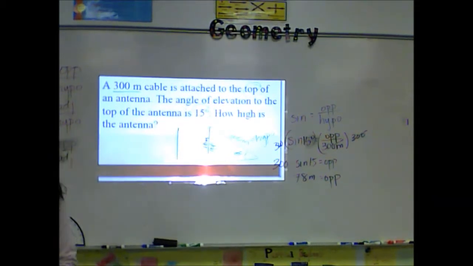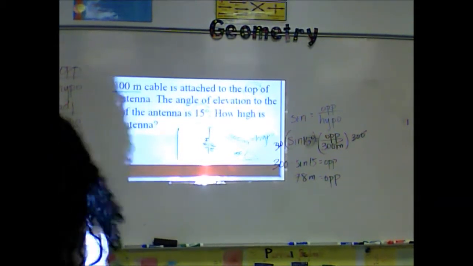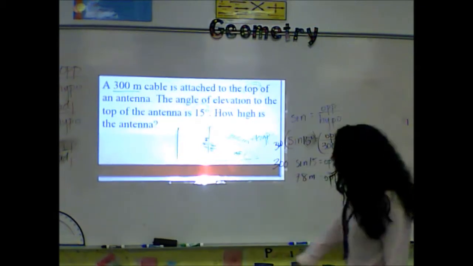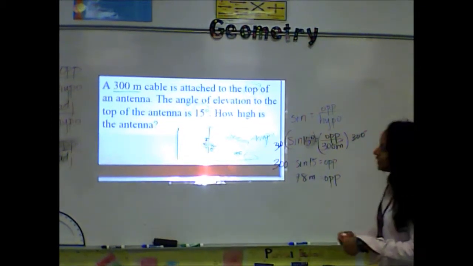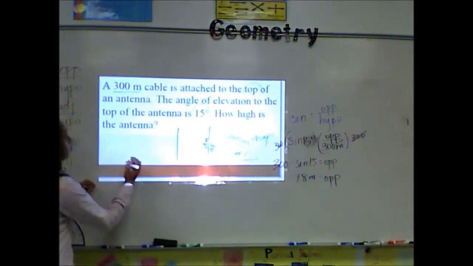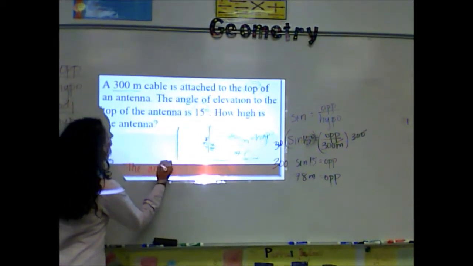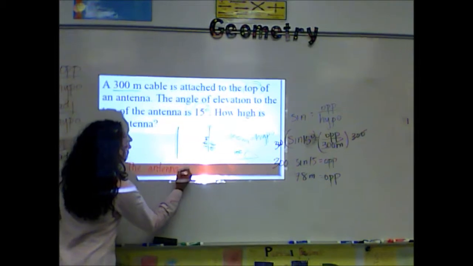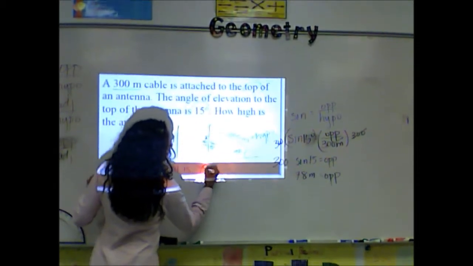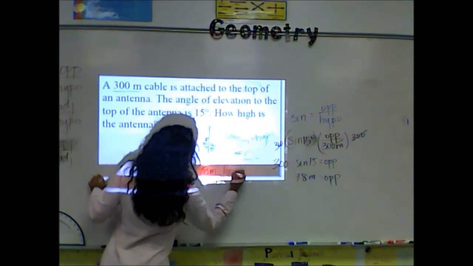So the complete sentence would be what? The antenna is 78 meters high.